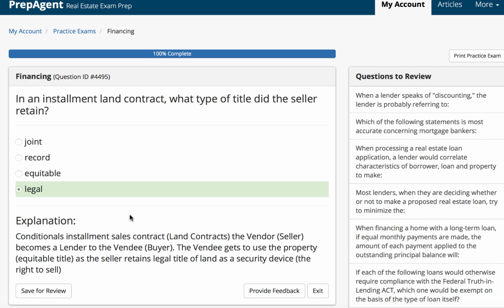So very often the bank has legal title. Okay. And in an installment land contract, the seller is acting as essentially the bank. They're the lender. Does that make sense? Yeah, so equitable is to use and possess, and legal title is right to sell. Good. And that would be the bank, most likely.